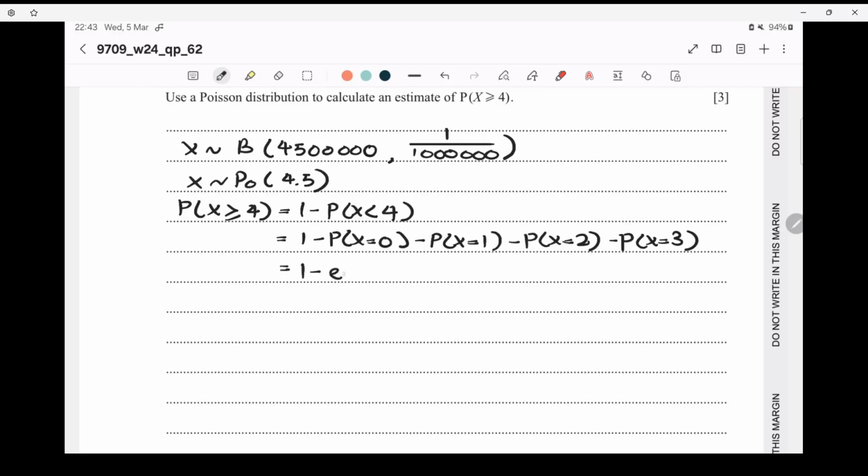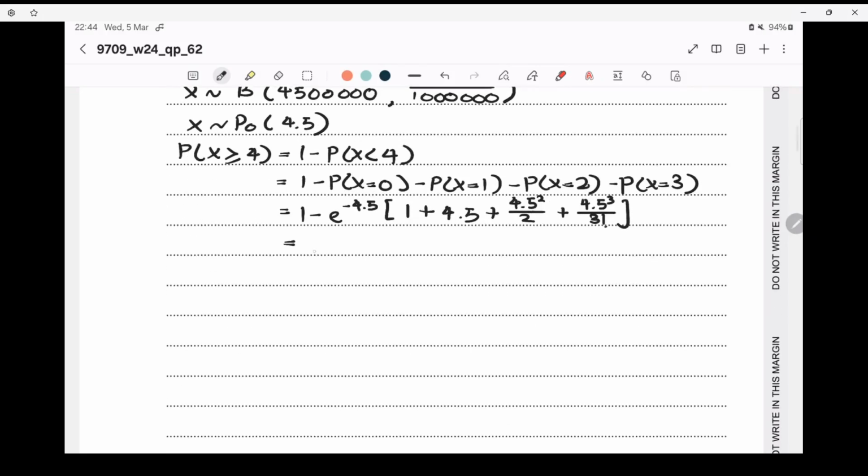So you can use the formula e^(-4.5) times (1 + 4.5 + 4.5 squared divided by 2, then 4.5 cubed divided by 3 factorial). So do the calculation, you should get this value.